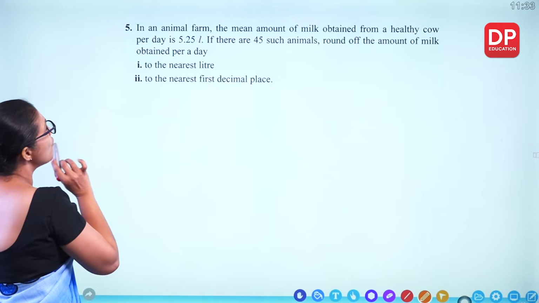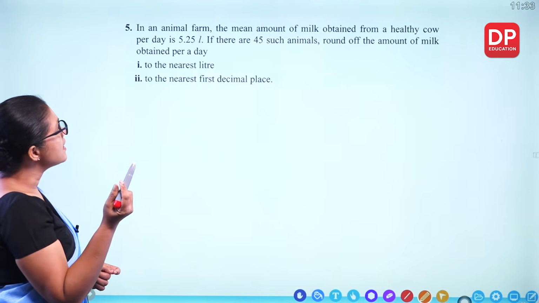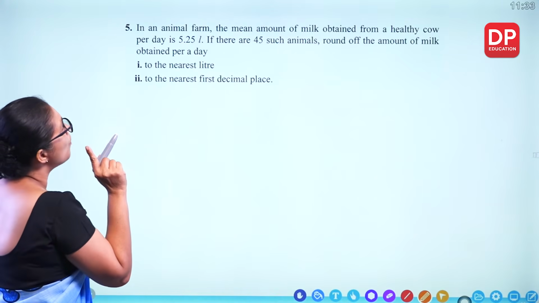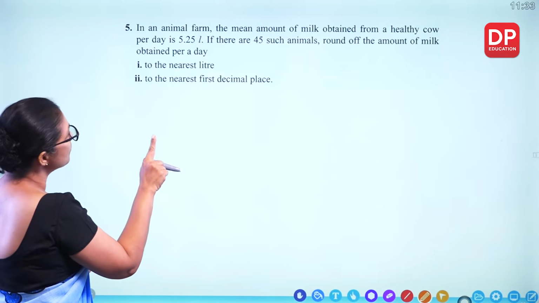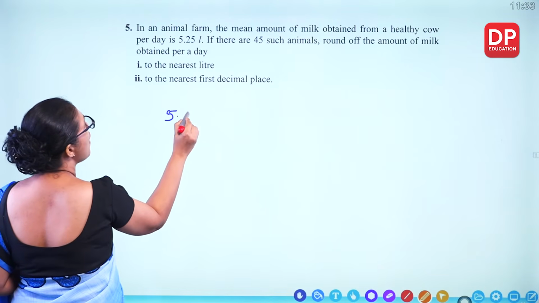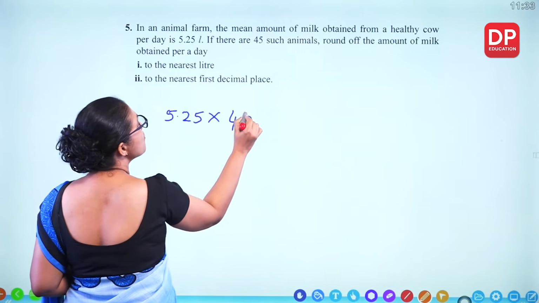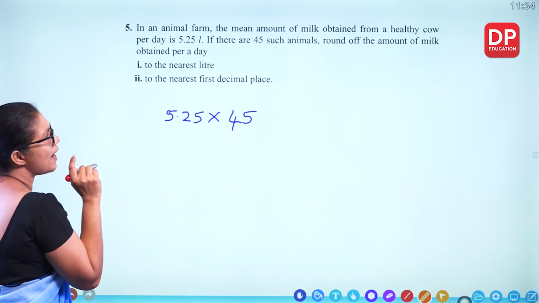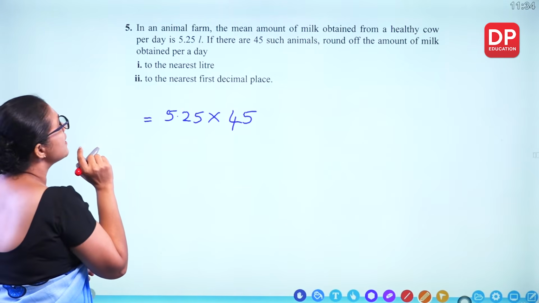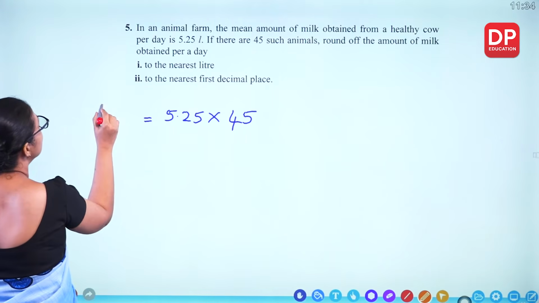So we need to first find out the total number of liters for 45 such animals. It says a healthy cow per day is 5.25. For 45 such animals, you have to multiply this by 45. You have to multiply this and get the total amount of milk.